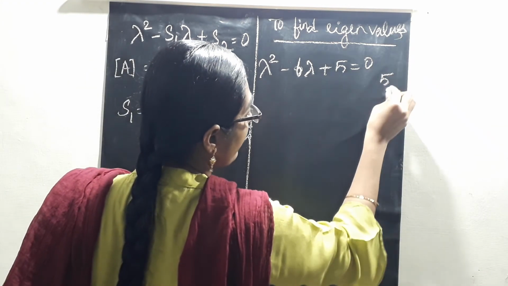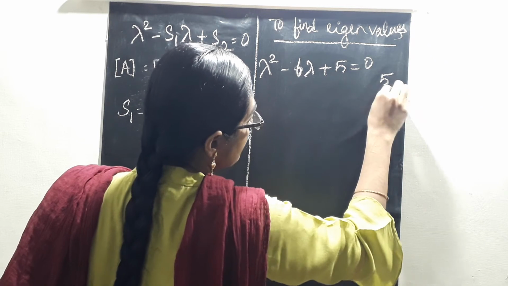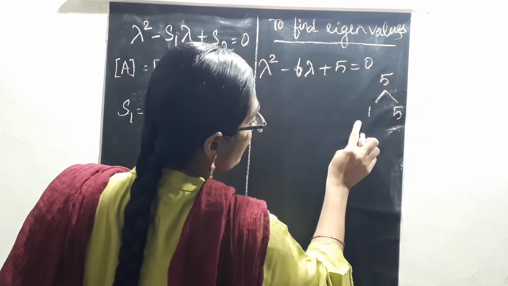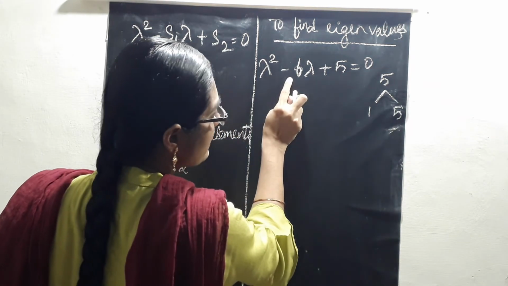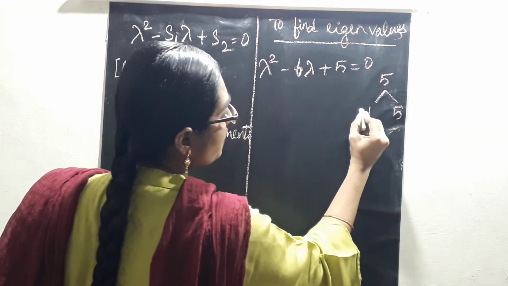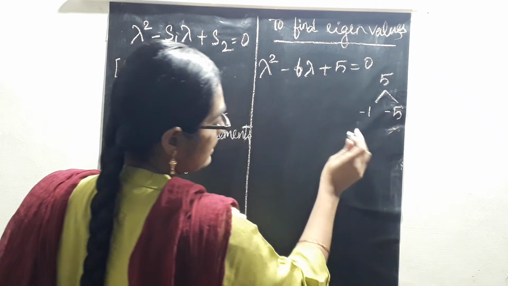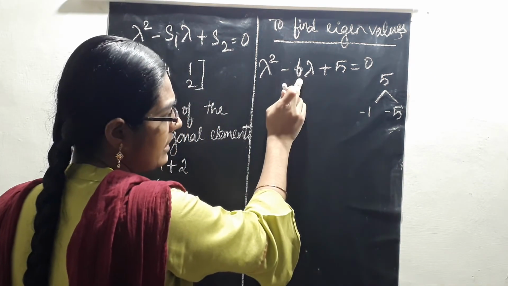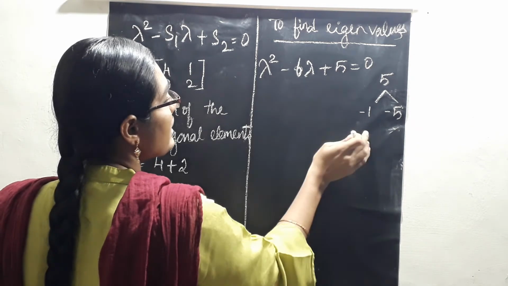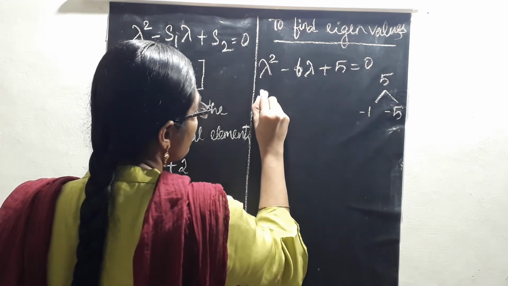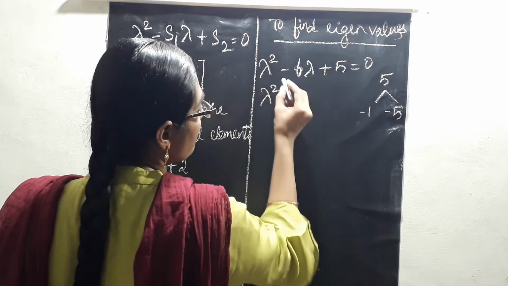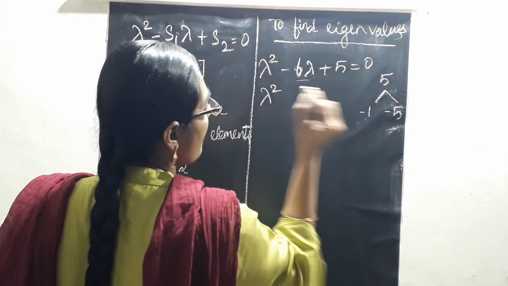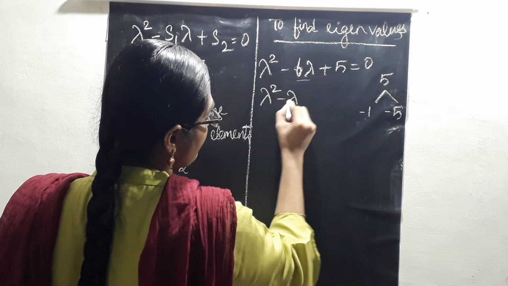So we need 5 by multiplying two things, that is 1 and 5. But when you add these two, you need to get minus 6. So what we can do? We put minus before this. So minus 1 plus minus 5, you will get minus 6, right? Yes. So these are the roots, the eigenvalues. So substitute here, this 6 lambda, we have split into minus lambda minus 5 lambda. So split it.